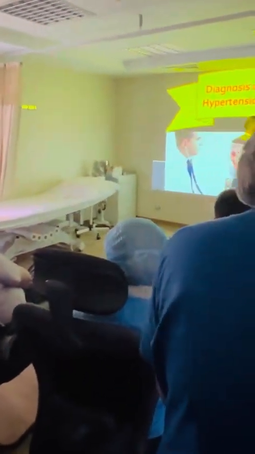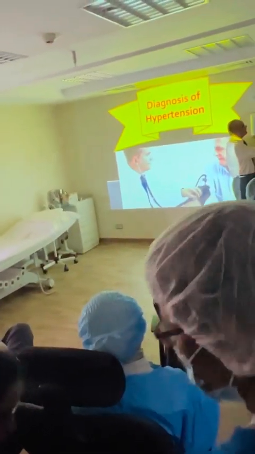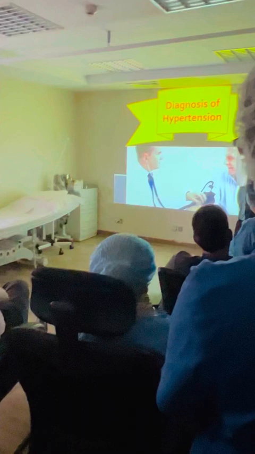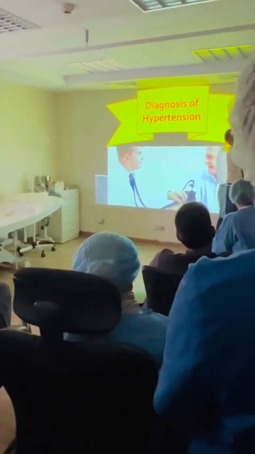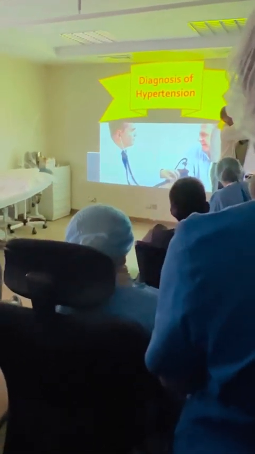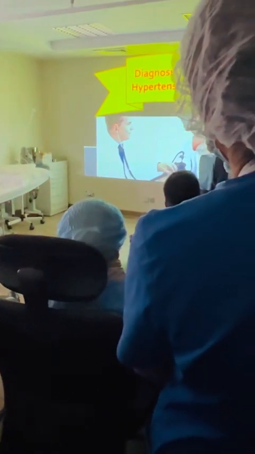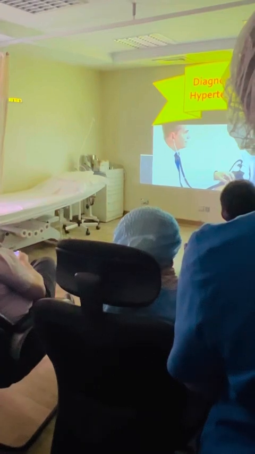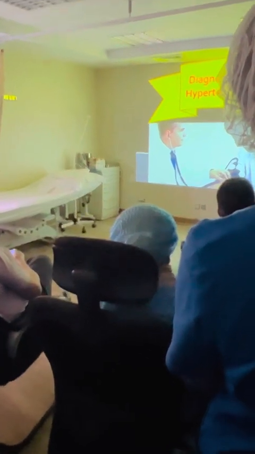The first stage is the normal person: systolic below 120 and diastolic below 80.